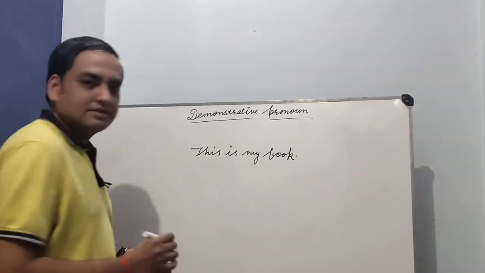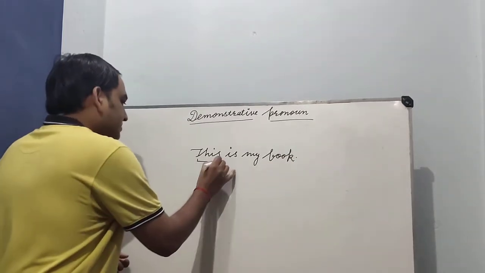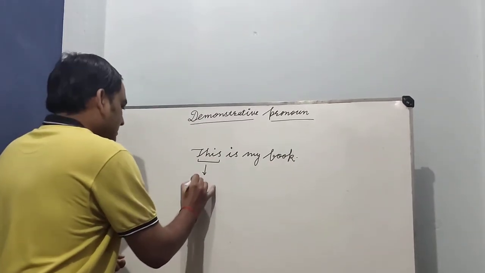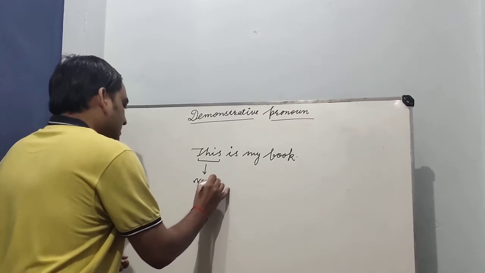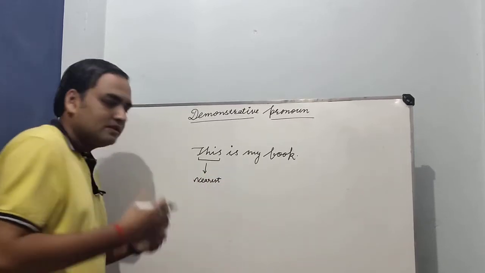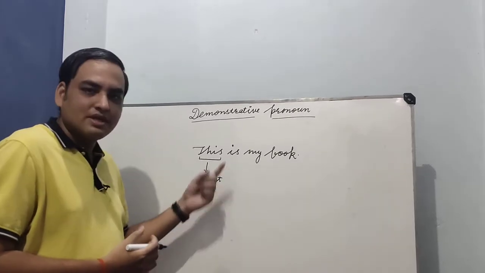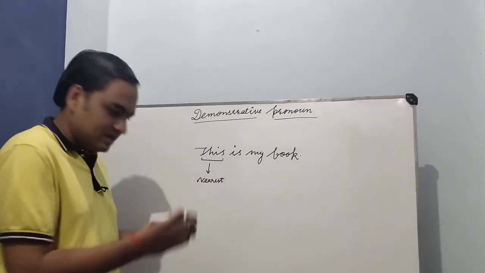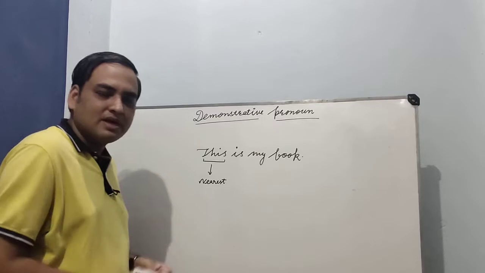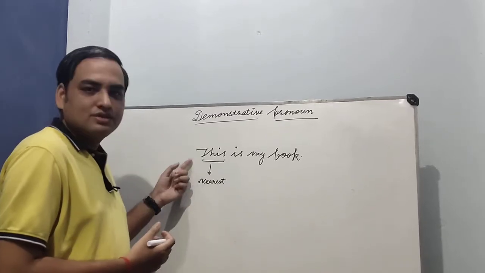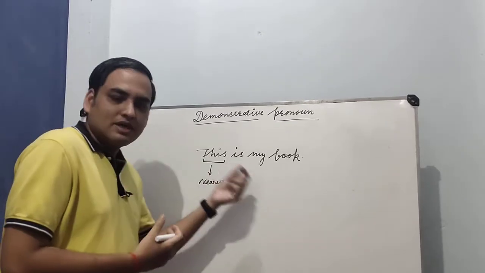As I have explained, this represents the things that are nearest. The things that are nearby, for them we use this. This is my book, meaning my book is kept right here near me, and I am using this to indicate that particular book.